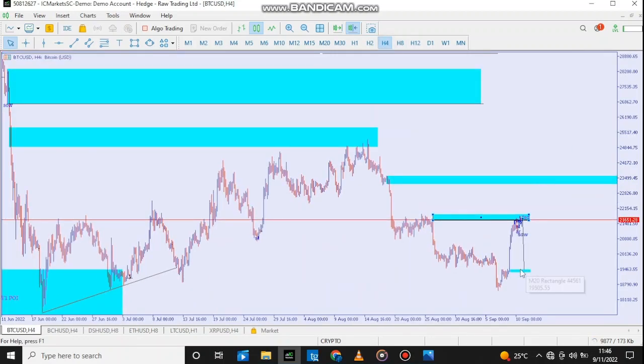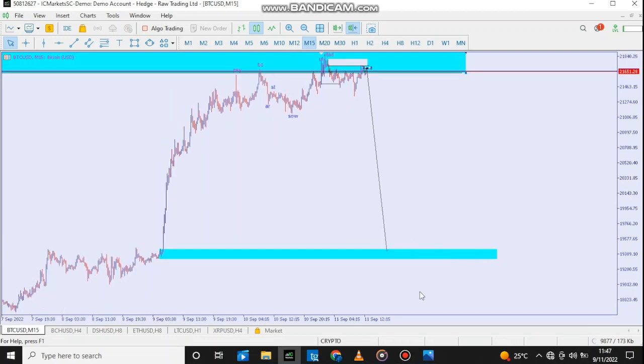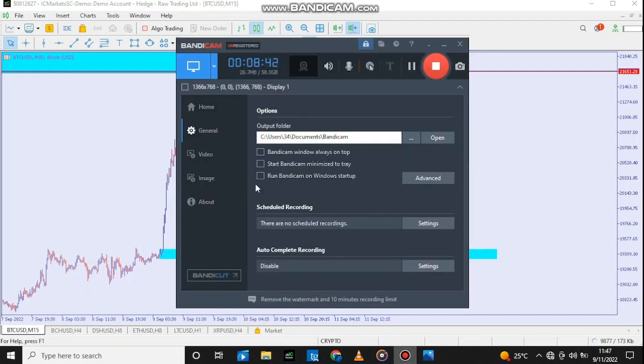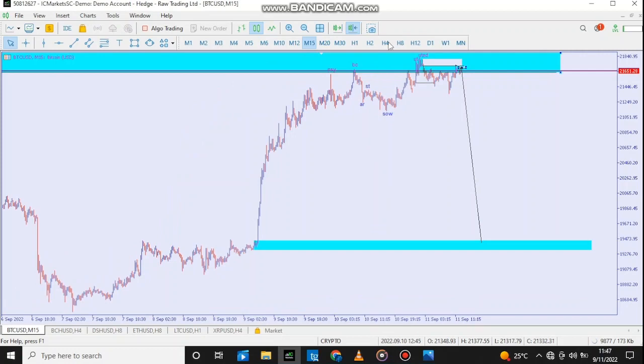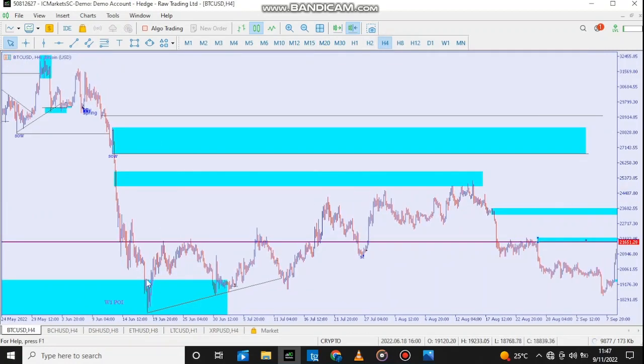So you can target this demand zone. And when the price approaches this demand zone, we can look at the price. If it's redistributing, we are holding the entry to the demand. So like later on I'll be doing a video on this trade here.